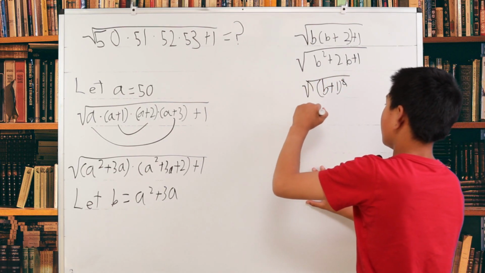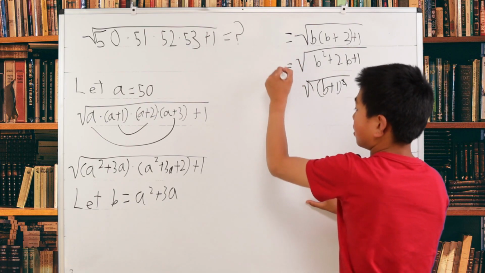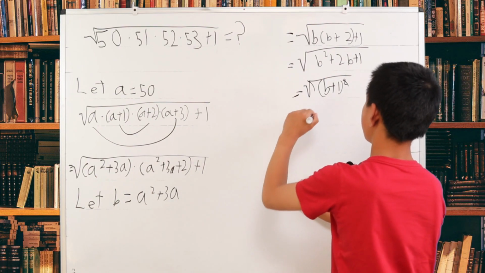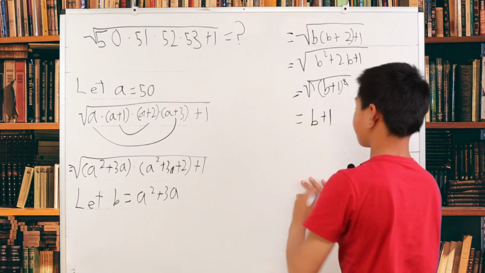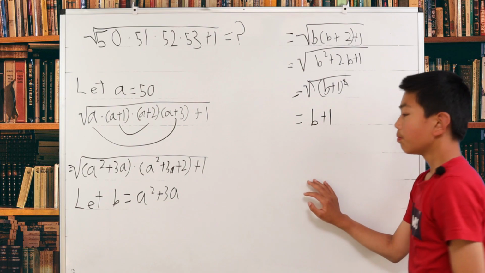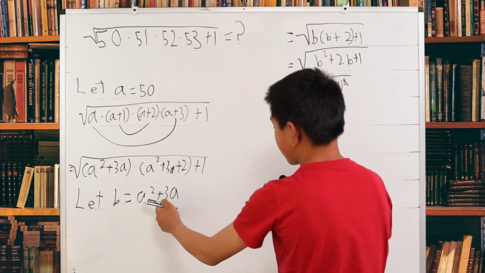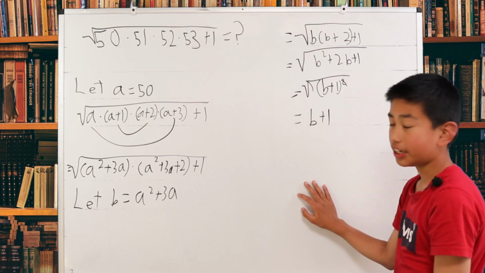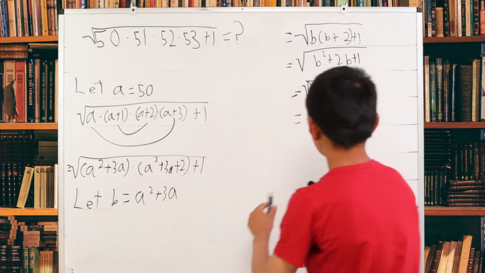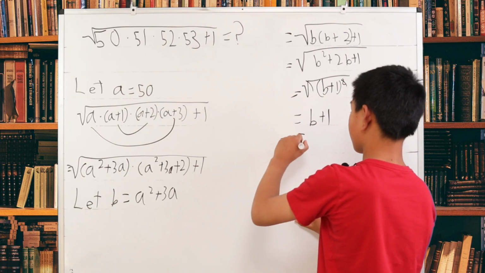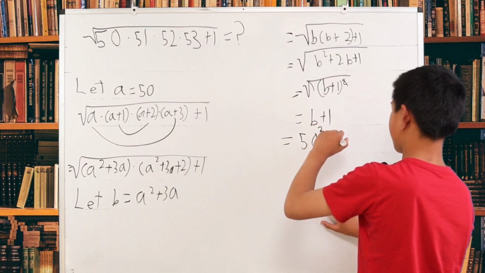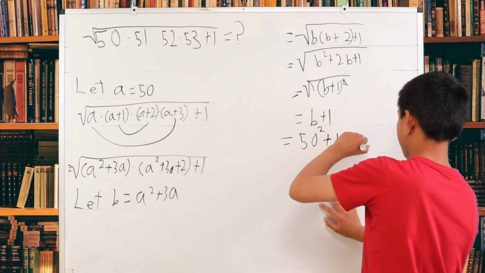These cross out. And this, oh sorry, I forgot to write equals. But yeah, basically this is equal to B plus 1. We already know that we let B be A squared plus 3A, and we let A be equal to 50. So this is really just 50 squared plus 3 times 50, which is 150, plus 1.